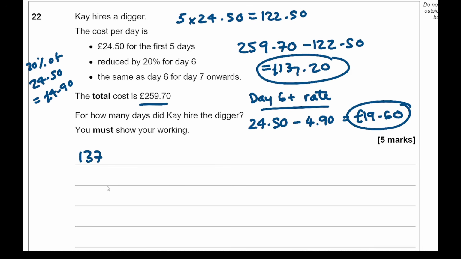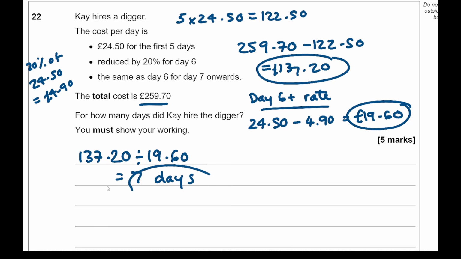So if I do 137.20 divided by £19.60, that gives me an answer of, let me just type it in because I've typed it incorrectly, 137.20 divided by £19.60 gives me an answer of 7 days.